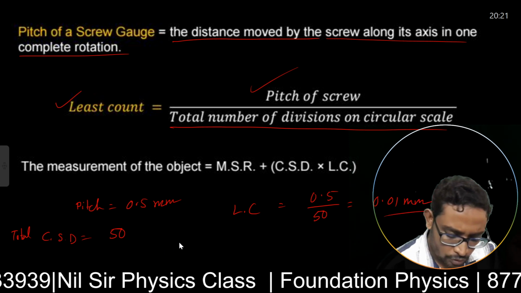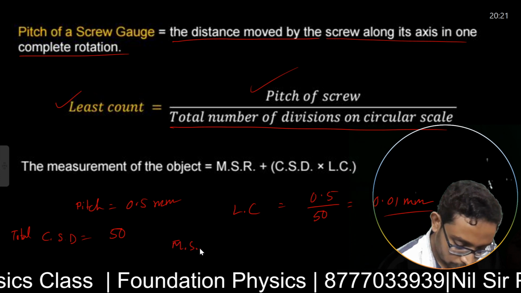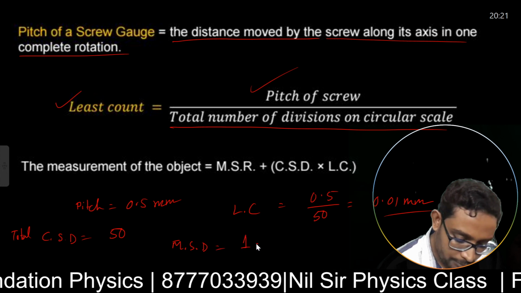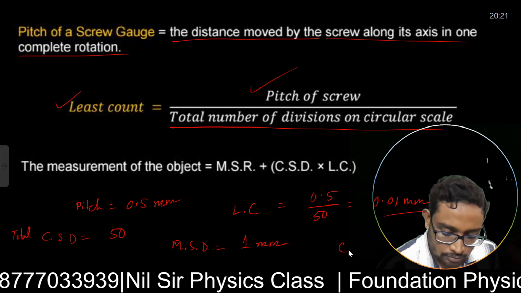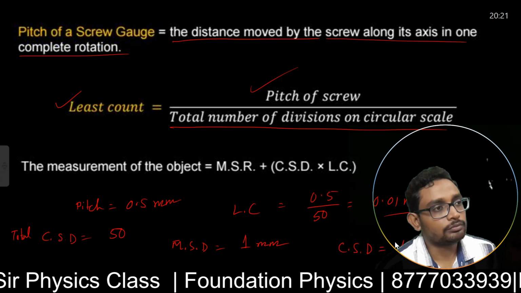In some cases, your main scale division could be 1 millimeter and the circular scale division could be 100.